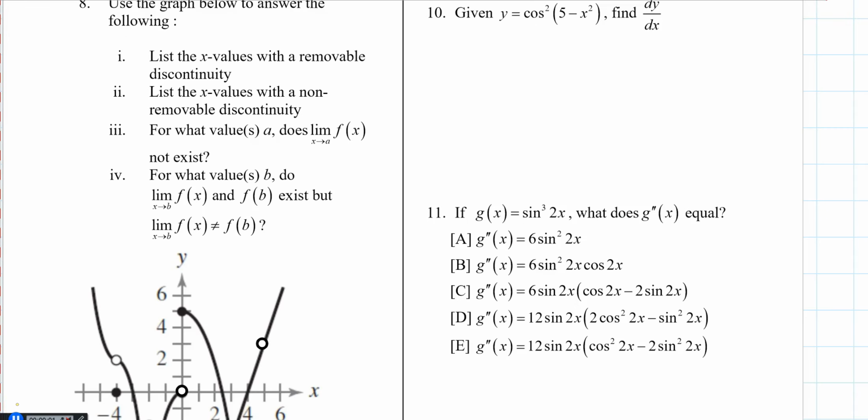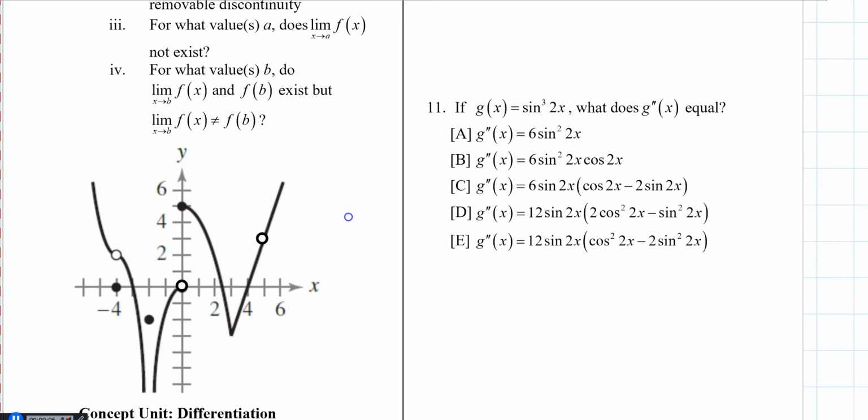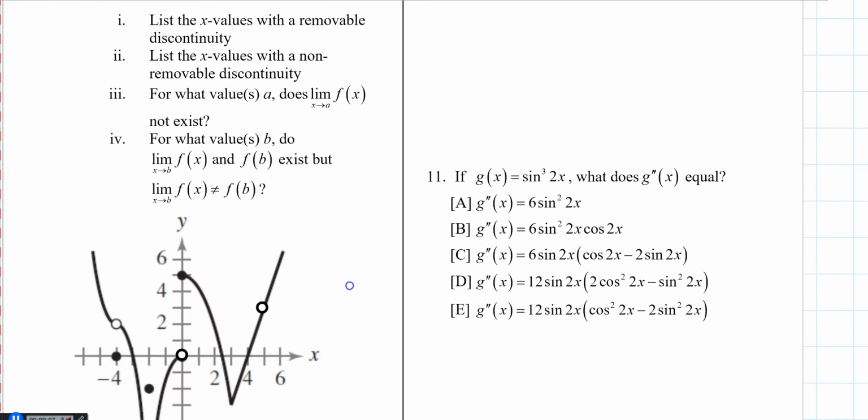All right, so number 8 says use the graph below to answer the following. So we're going to use this graph right here. List the values with a removable discontinuity. A removable discontinuity is one where we can move the discontinuity and we would have a continuous function at that point. So that would be places where there's just a hole rather than a jump or an asymptote.